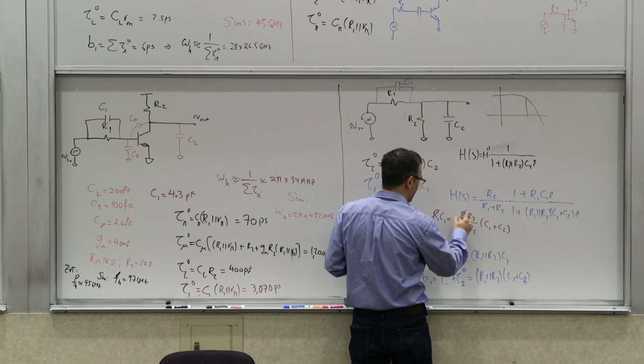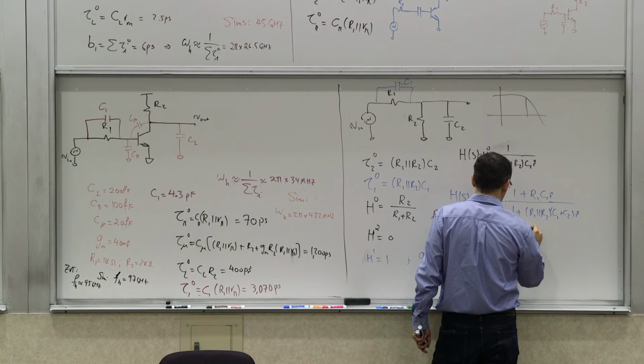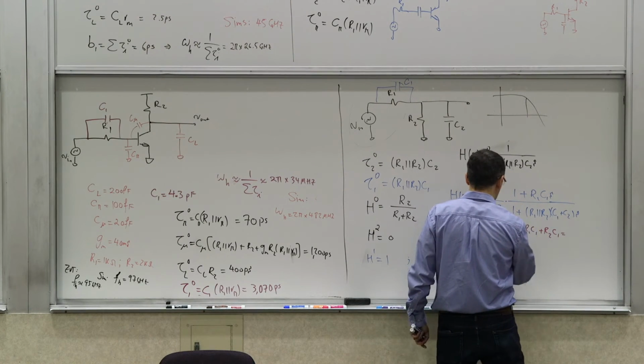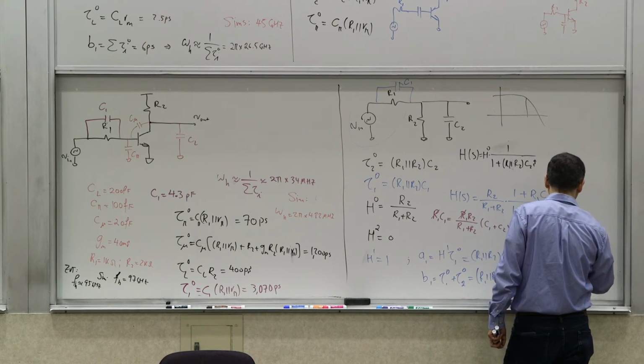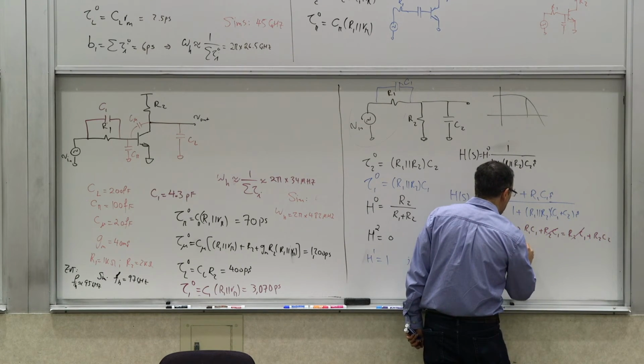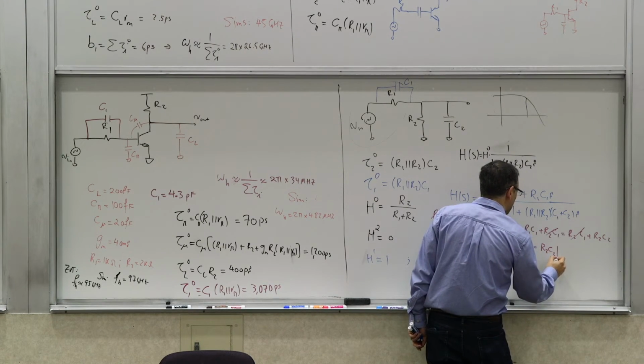So this R1 cancels that R1. If I multiply both sides by R1 plus R2, I get R1 C1 plus R2 C1 equals, on this side, R2 C1 plus R2 C2. These terms cancel, so the condition for that to hold is this.